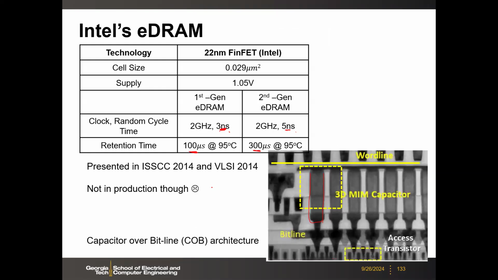Any questions? I don't think today, after 2020, any commercial product uses the EDRAM. Before 2020, IBM's Power Series processor still used that. But after 2020, I don't recall anybody using EDRAM based on the 1T1C, because the retention time is too short and the refresh overhead is too high.